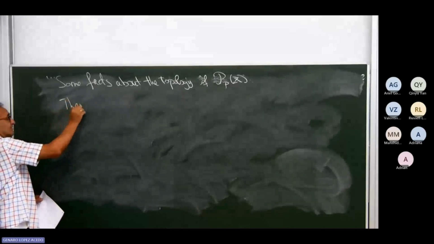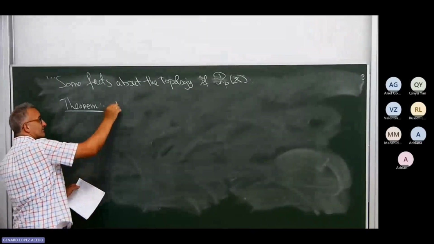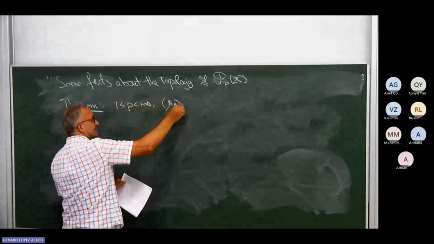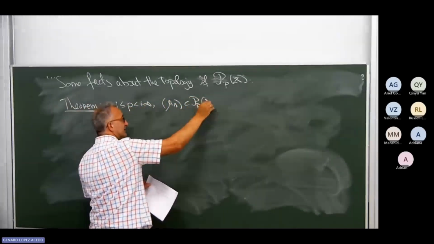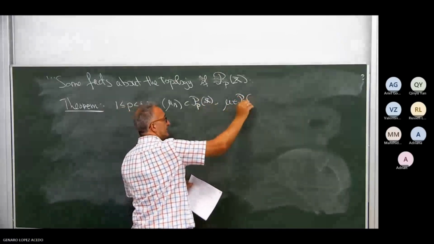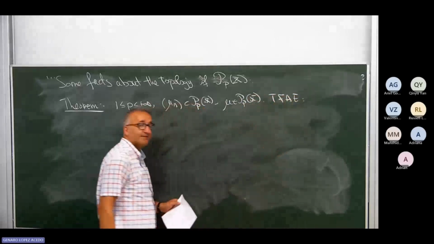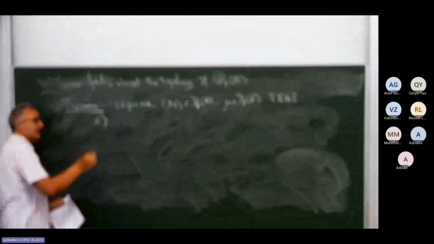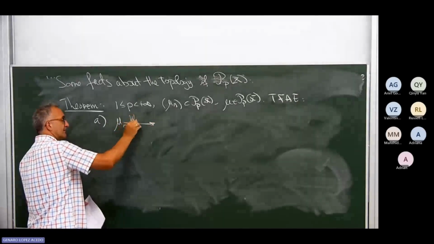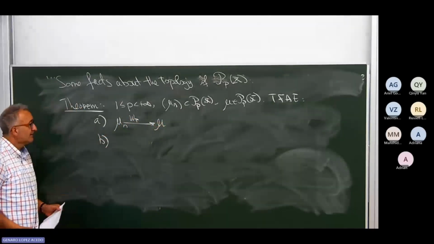something like this. In relation to the compactness, it says: take a sequence of probabilities in here, and one probability in here. Then we have an equivalence: mu n is convergent with respect to the metric to mu.